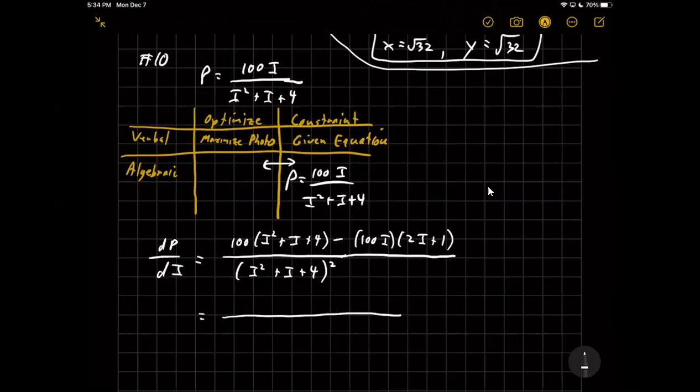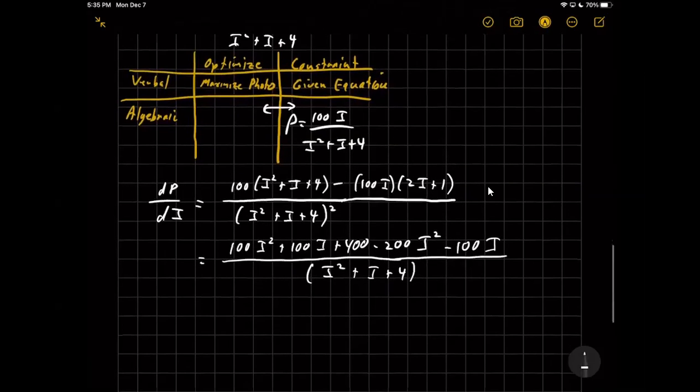100 I squared. Well, let me just expand this. 100 I squared plus 100 I plus 400, minus, it looks like we're going to have 200 I squared minus 100 I, all over I squared plus I plus 4, well, that should be squared.